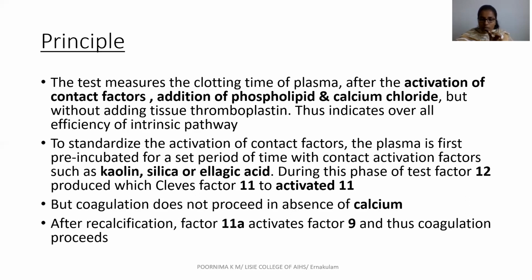Thus coagulation proceeds. Okay, so this is the basic principle of activated partial thromboplastin time. Okay. So now next is procedure, that is collect the sample in a citrated vacutainer. That is, citrate causes calcium chelation.